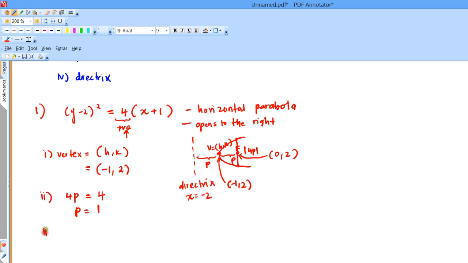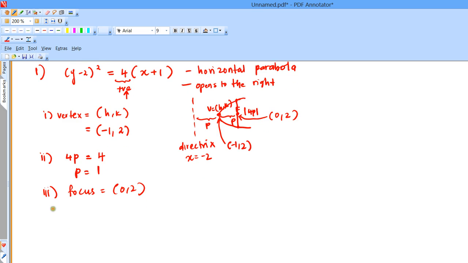So number 3, we have focus equal to (0, 2), and then number 4, directrix equal to x equal to -2.